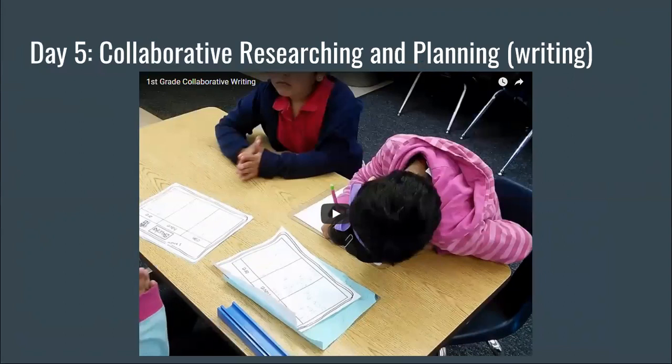The groups have roles, and some of them will be the writer. One week they'll be the writer, and the next week they'll be the illustrator. And then they'll have also a pointer. So they have different roles, and then the presenter.